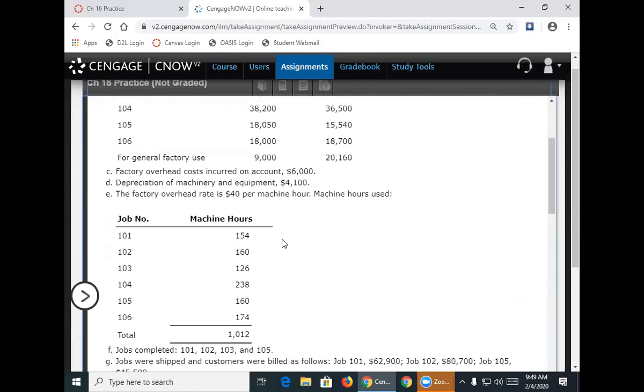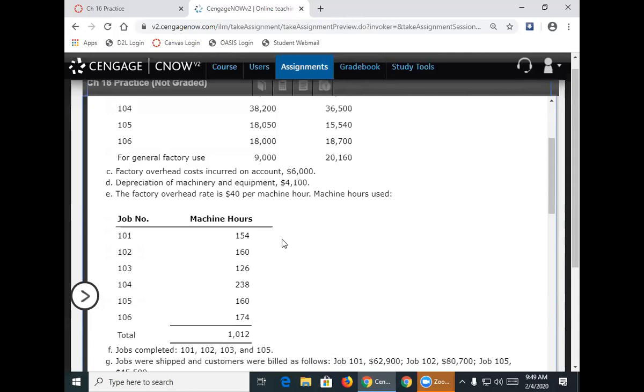Part C just says factory overhead costs incurred on account. Well, where would I put a factory overhead cost? It's not a trick question, I promise. It's an easy one. Factory overhead. Anytime they tell you an overhead cost incurred, that's an actual overhead.